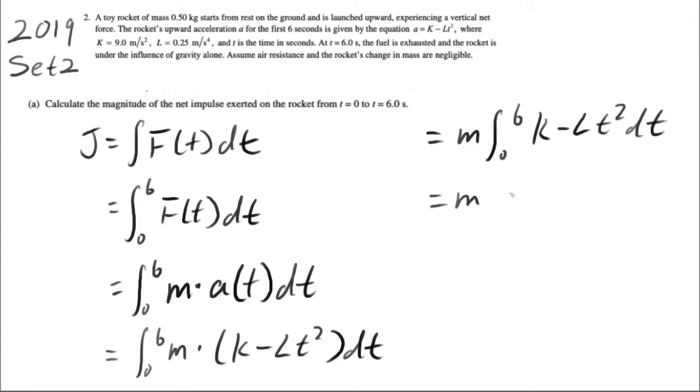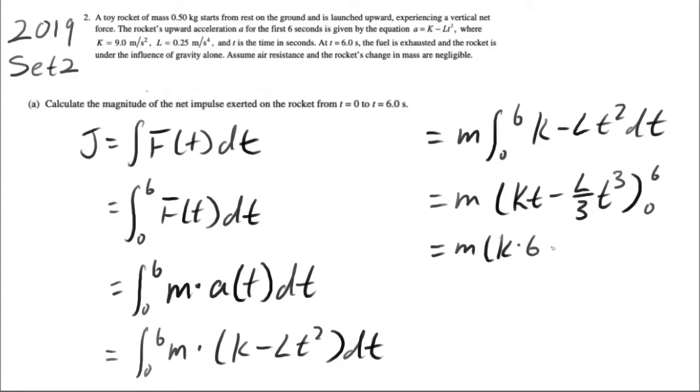Then you integrate to get kt minus L over 3 t cubed with the limits of integration from 0 to 6. So then you get m times (k times 6 minus L over 3 times 6 cubed). Since we have the value of m as 0.5 kilograms, and the values of k and L from the overall problem, we can plug these numbers in to get an even 18.